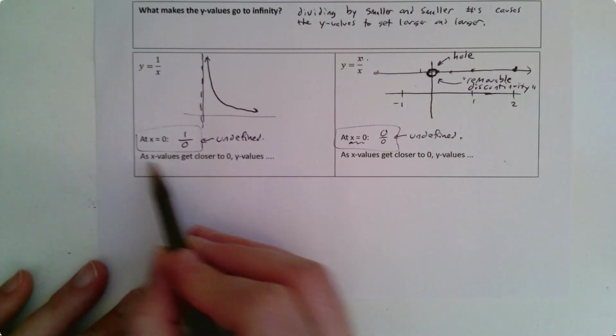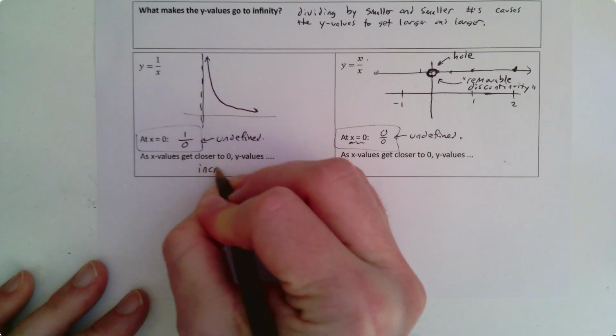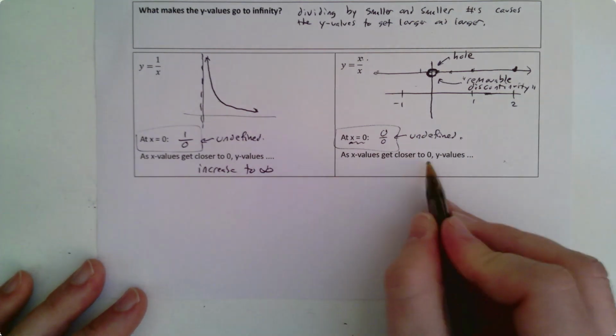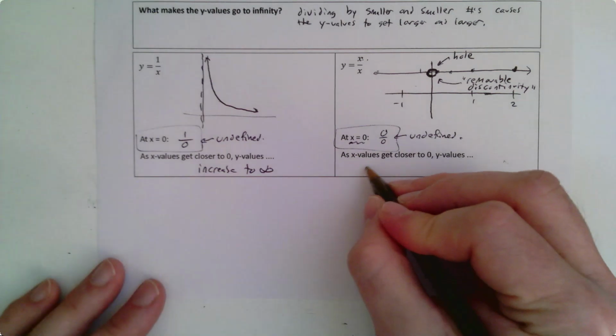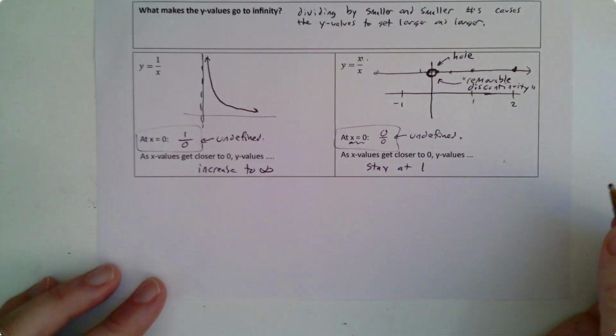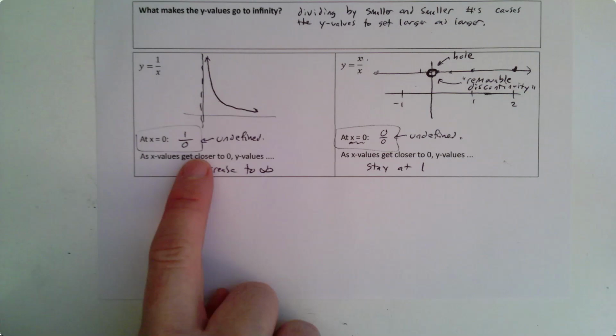So here, as the x values get closer to 0, the y values increase to infinity, whereas here, as the x values get closer to 0, the y values are just staying at 1. So that's the difference between a hole and a vertical asymptote.